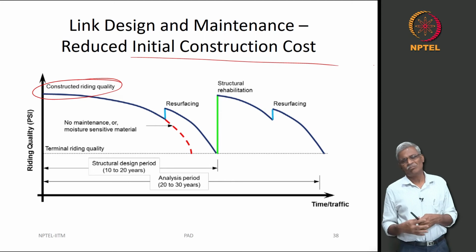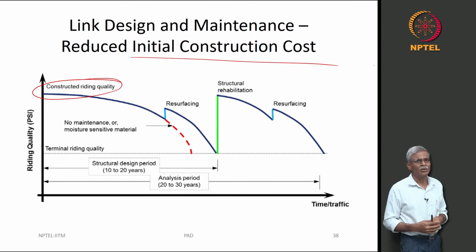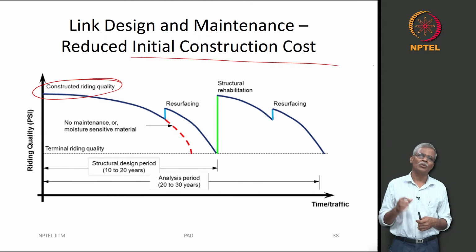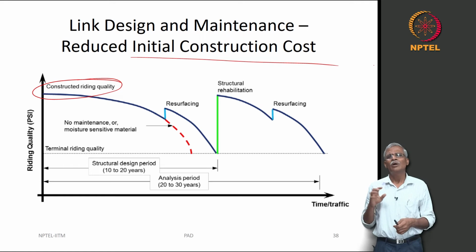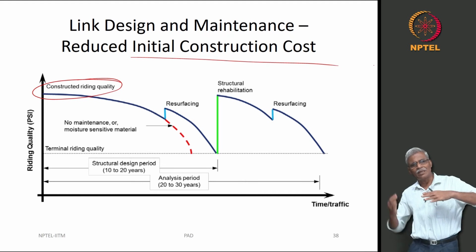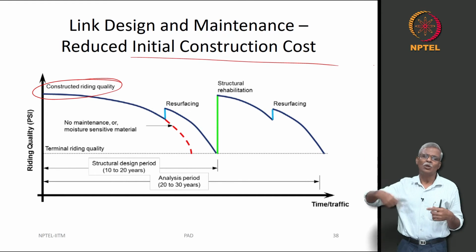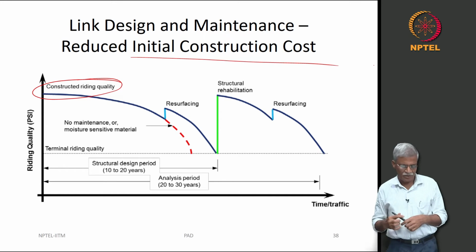And that is why, I must have said this before, the life of a pavement and all those words that people use do not actually make any sense, because you can keep extending the life of the pavement by doing rehabilitation strategies, right.